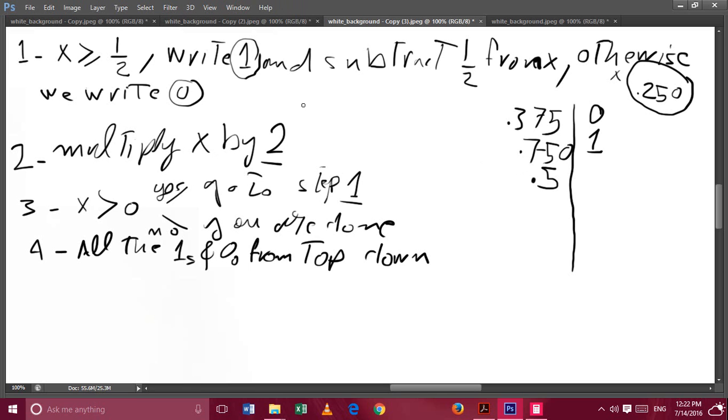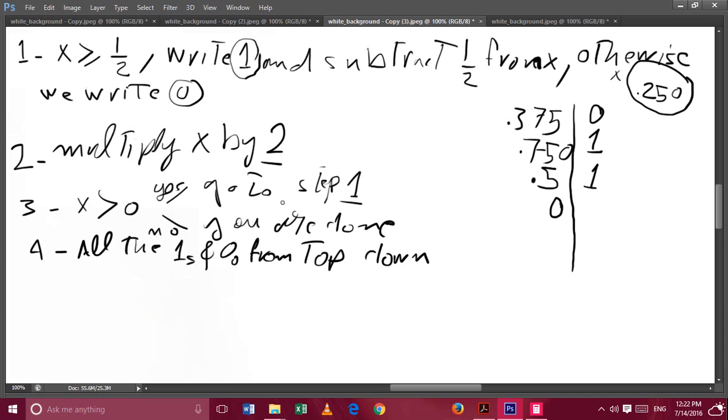Now, if you concentrate, all we're doing is just repeating this algorithm, and that's the beauty of it. Step 1, is it above or equal to half? Yes, it is. Write 1 again. And subtract half. Half minus half is 0. It is 0 now. Even if you multiply it by 2, still 0. Is x above 0?